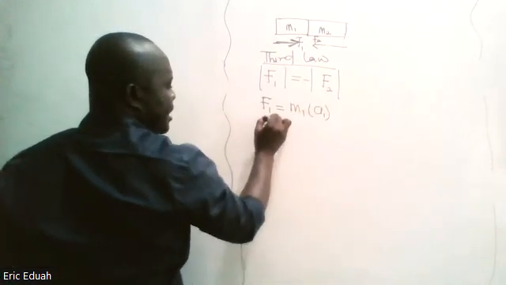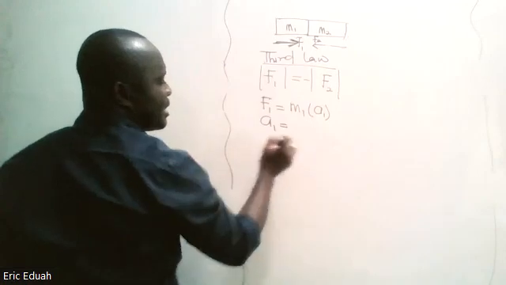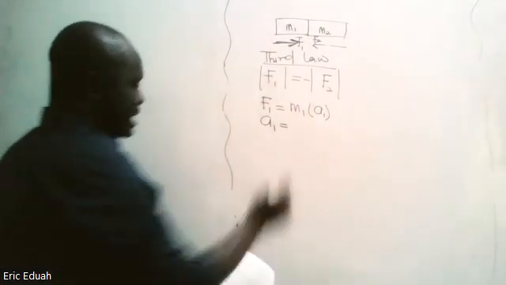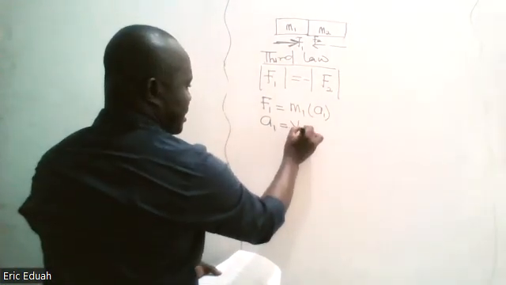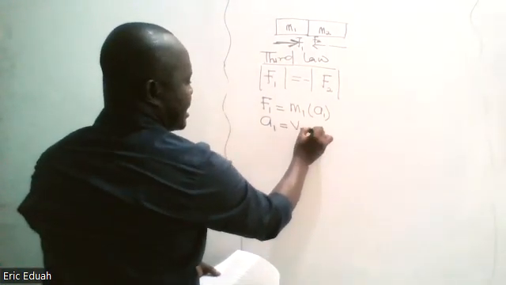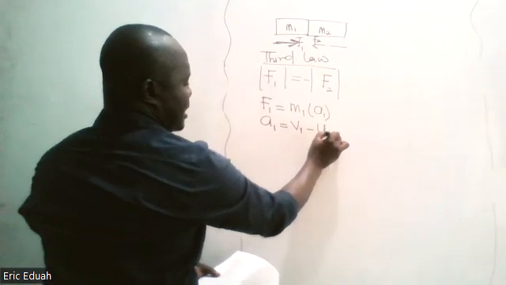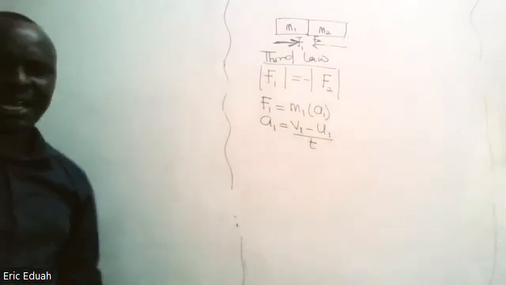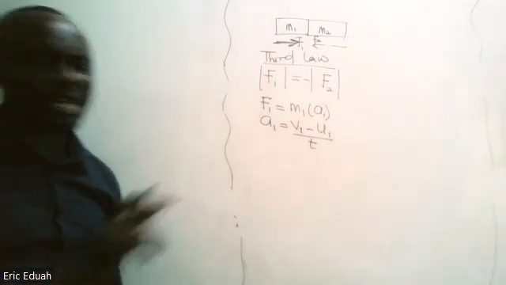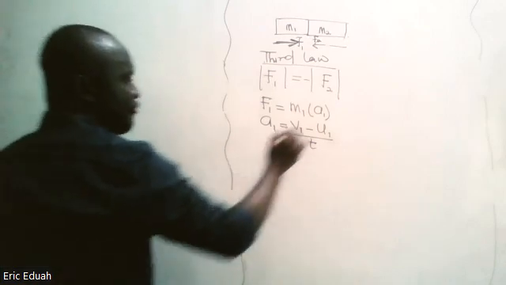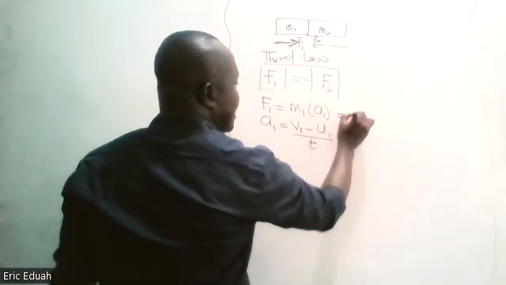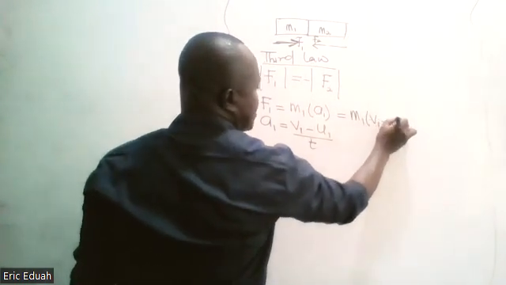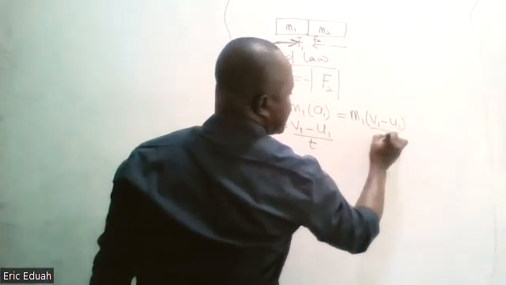And the acceleration of m1 is equal to its final velocity given as v1 minus its initial velocity u1 divided by the time taken for the exertion of the force on the masses. Therefore, F1 becomes m1 (v1 minus u1) on t.